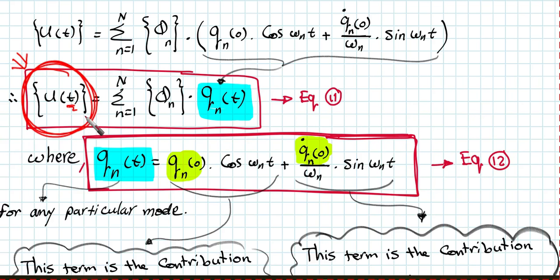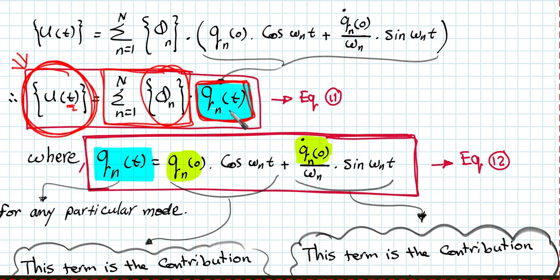And we are claiming that the right-hand side is going to represent the left-hand side. So the right-hand side is telling us that the contribution from the mode shapes is going to be through summation of all mode shapes multiplied by the modal coordinate associated with every mode shape.